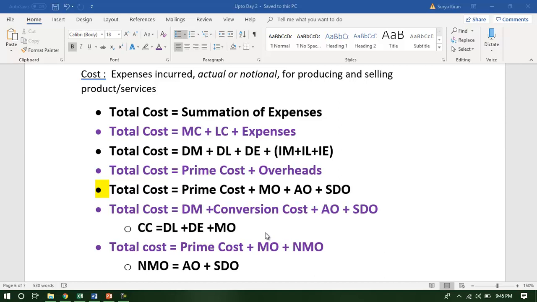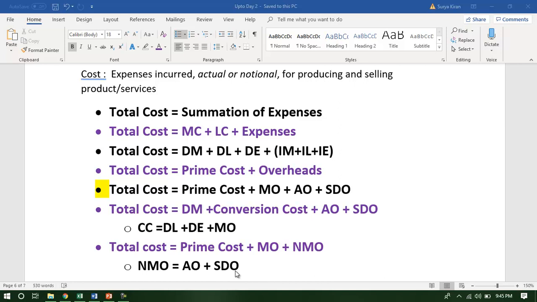So from the managerial requirements point of view, we would like to know what percentage of the total cost is prime cost, what percentage of the total cost is manufacturing overhead, and what percentage of the total cost is non-manufacturing overhead, and non-manufacturing overheads are admin and sales, because it is necessary to understand the composition of the cost if you want to take decisions, if you want to control, or if you want to reduce the cost.